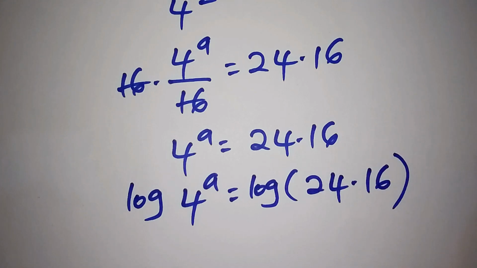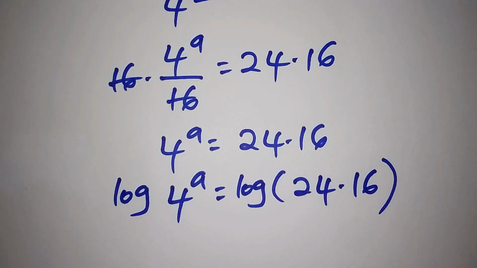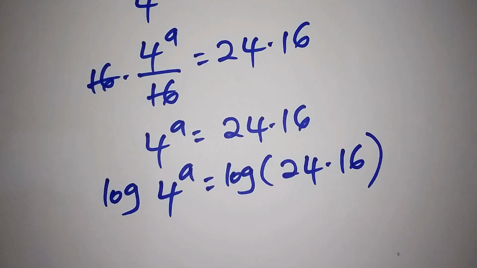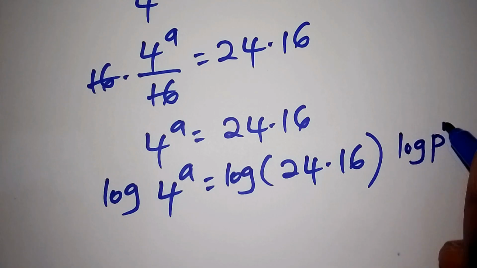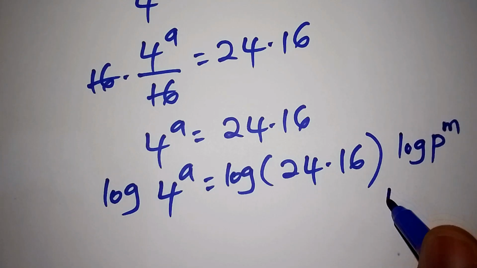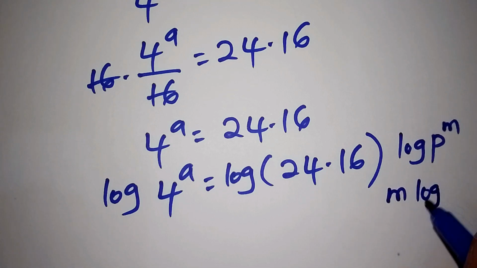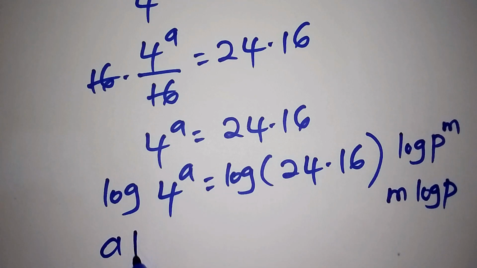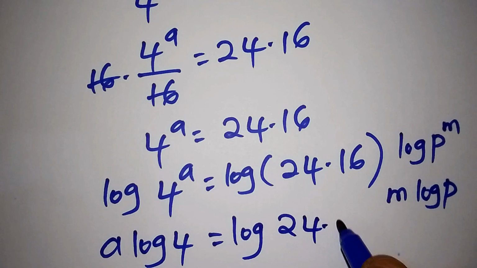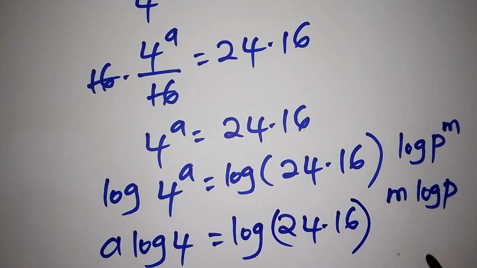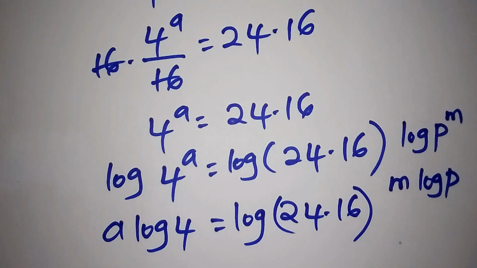So when you have something like the log of p to the power of m, this can be written as m log p. So here we shall have a log 4 is equal to the log of 24 multiplied by 16. So that is now what we shall have.